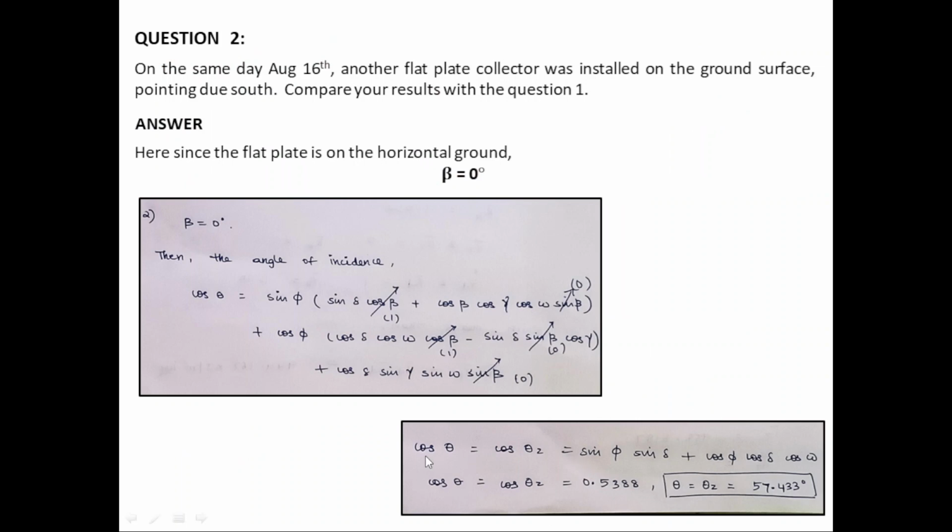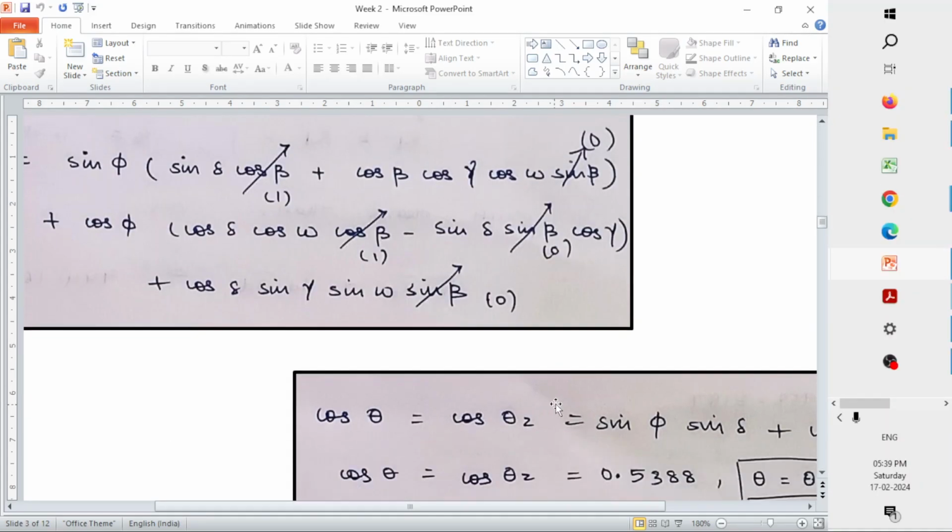So cos theta z, that zenith angle, is sin phi sin delta plus cos phi cos delta cos omega. The final term is cos omega.